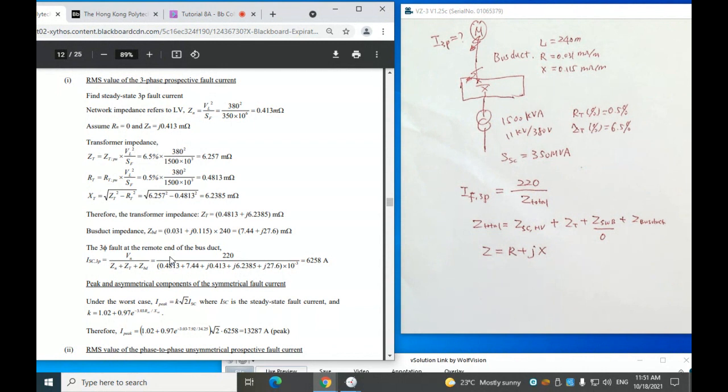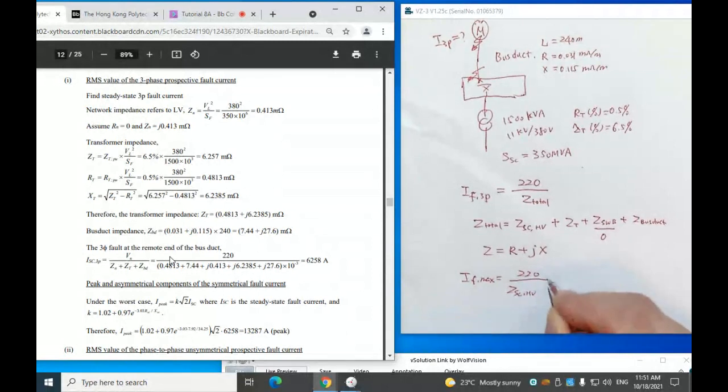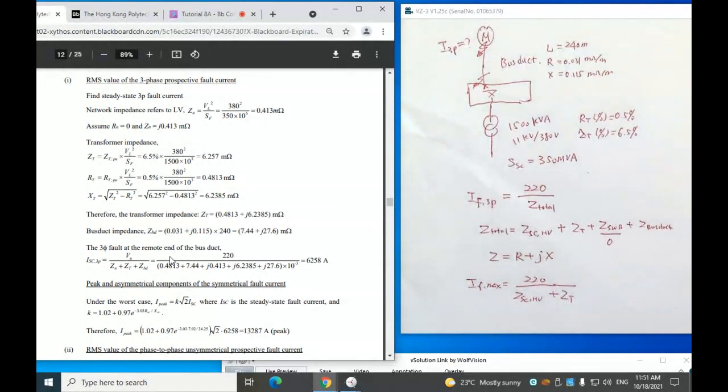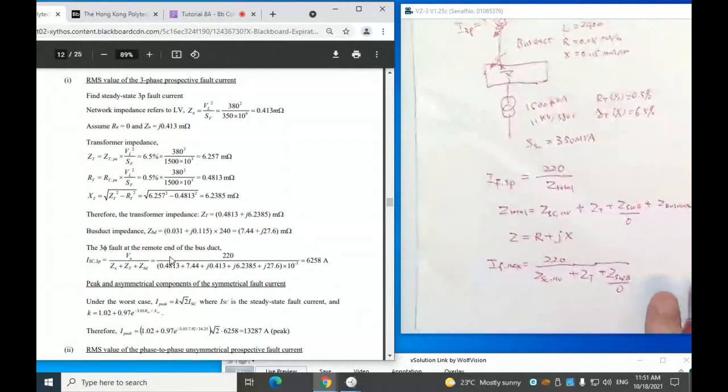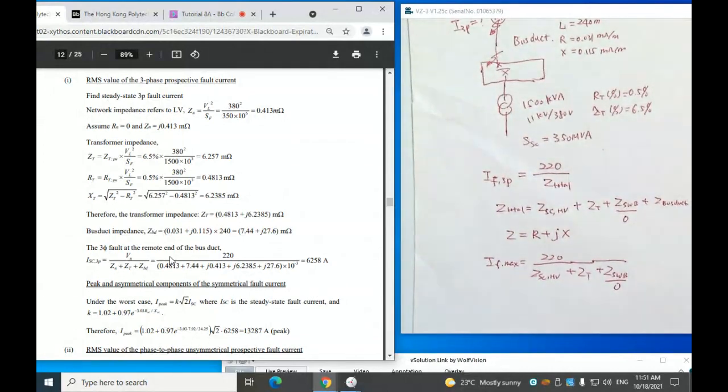So if you want to find this current, again you can use that formula, but the impedance, of course, you can add some switchable impedance, but this one is 0. Okay, you can say it's 0. So if you want to find the maximum fault current, we certainly need to consider the fault at the origin of the circuit.